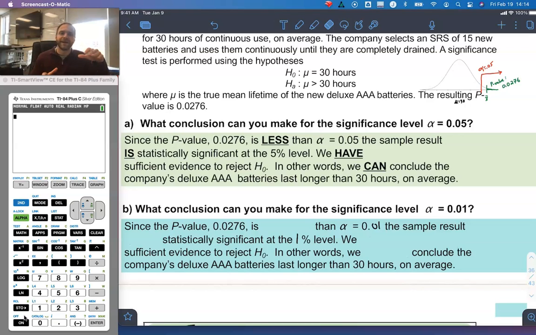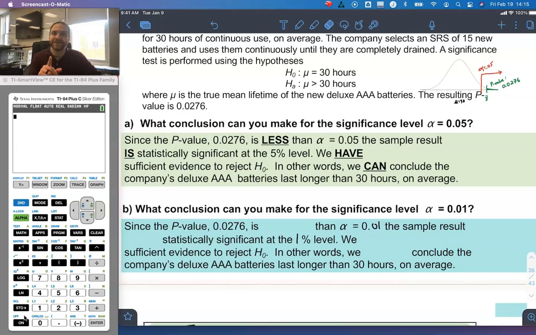And so keep that in mind as we reject the null, which shows sufficient evidence to conclude the alternative. And the alternative was that the average lifespan was greater than 30 hours. And 5% is our significance level. So the fact that we can reject the null means our result was statistically significant because it's way out in the tail. It shouldn't have happened.